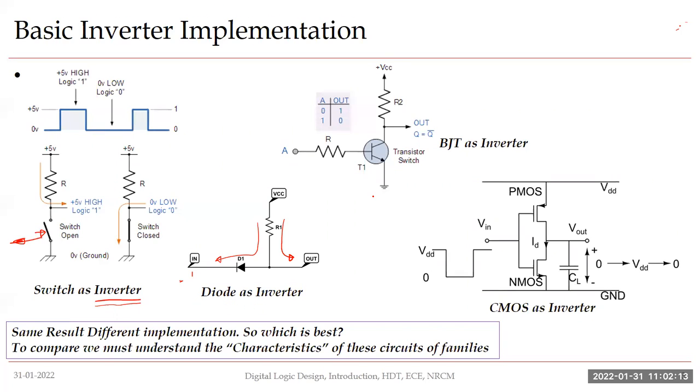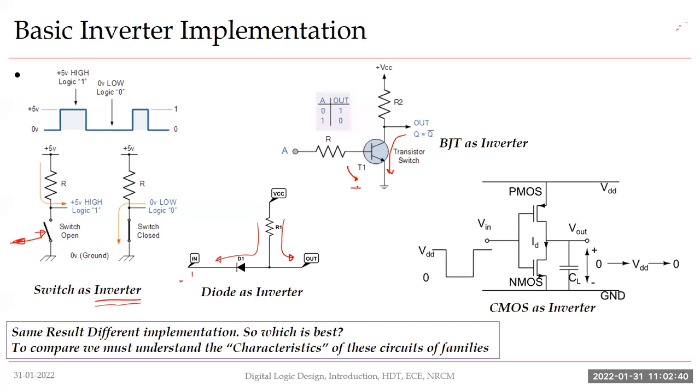Here you have a BJT, bipolar junction transistor, in a common emitter configuration. Once again, when we give some positive voltage over here, the base emitter junction is forward biased, the transistor turns on, it acts like a switch, it gets short circuited and the output goes down.